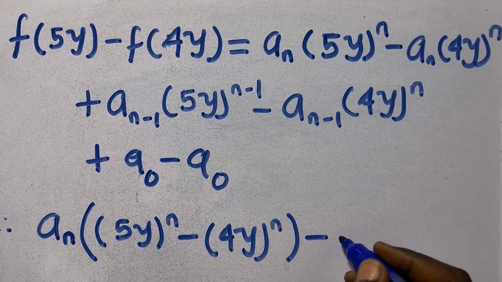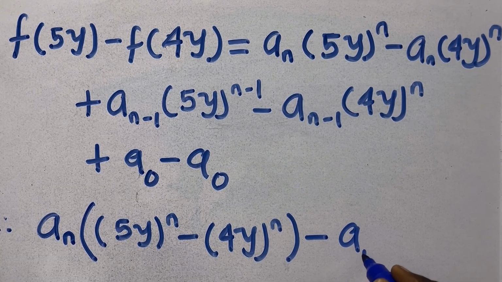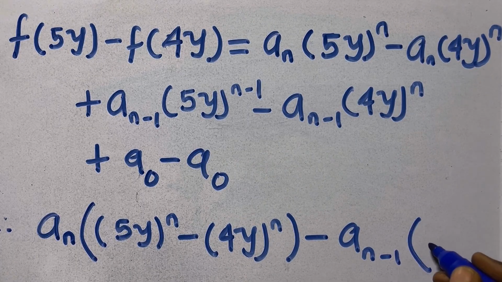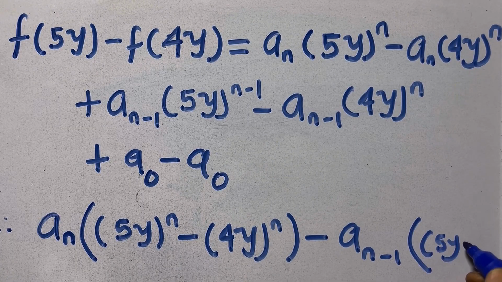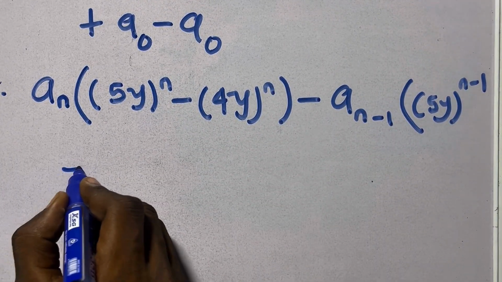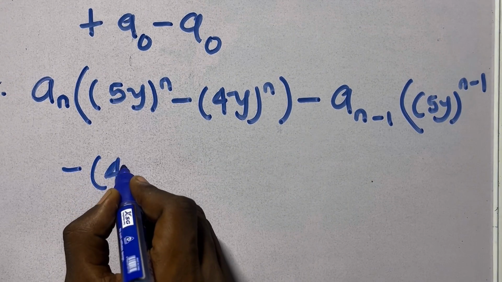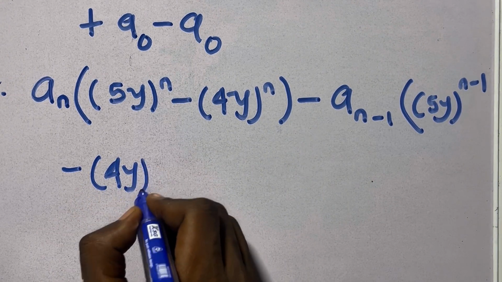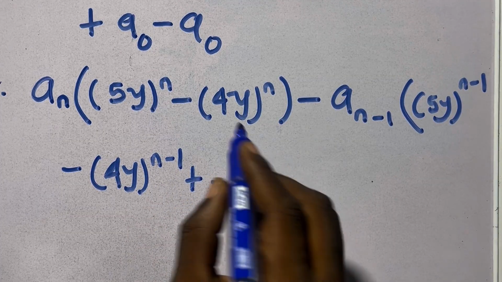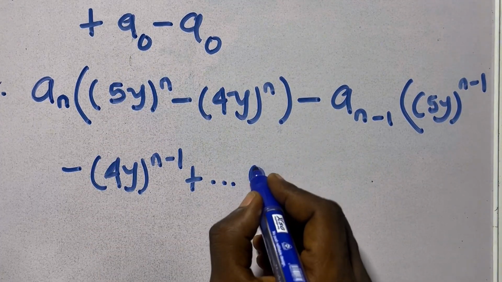Then we have a subscript n minus 1, times 5y raised to power n minus 1, minus 4y raised to power n minus 1, plus this continues, and we realize this will become 0.